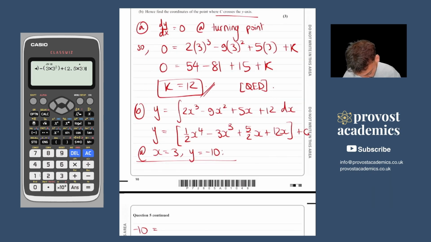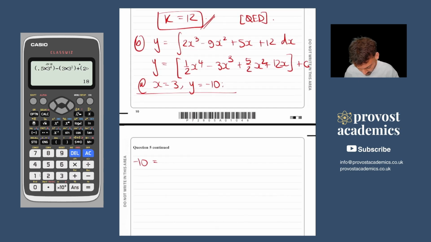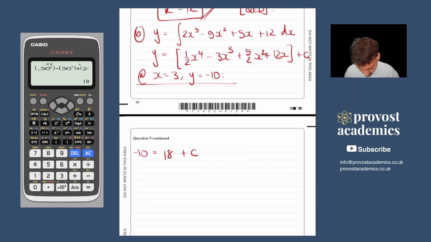Wait, there should be a square there. There you go, sloppy mistakes. Squared, plus 12 times 3. Okay, nice coordinate, 18 plus c, so therefore c equals minus 28.